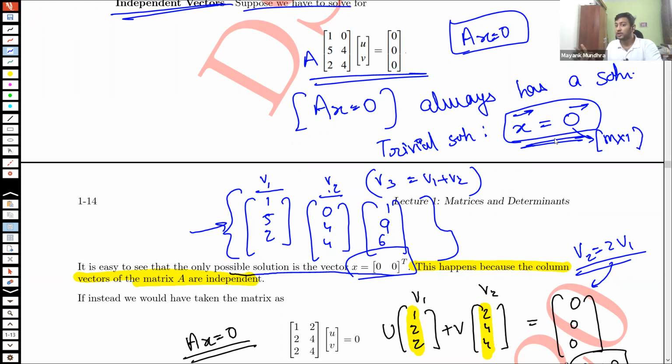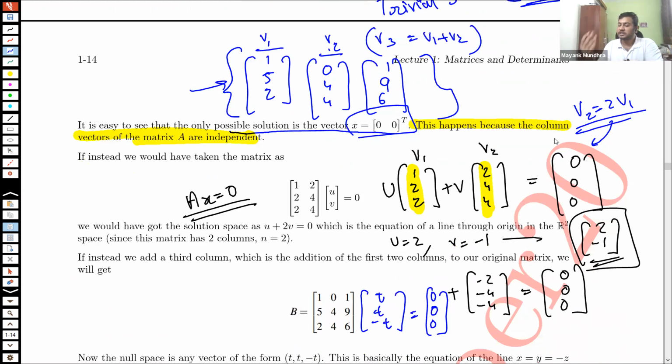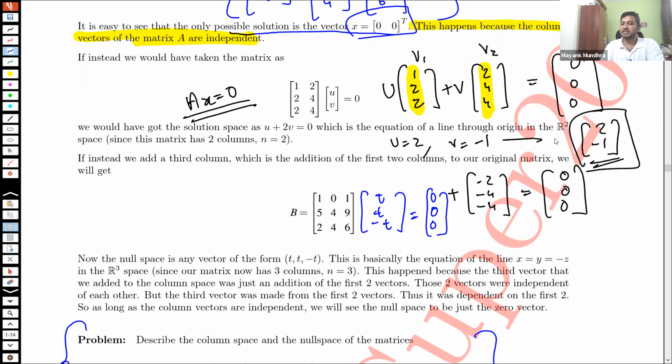So this was only the trivial solution. But when I added a new vector v3, which made these things dependent on each other, you start getting solutions other than the trivial solution. So all vectors of the format t and minus t can now be the solutions.